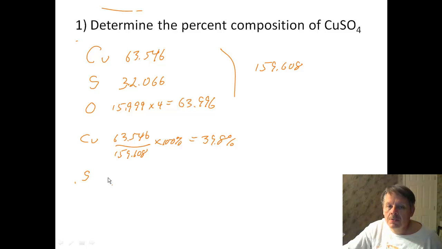Sulfur is 32.066, and I have to divide it by 159.608, multiply by 100%.